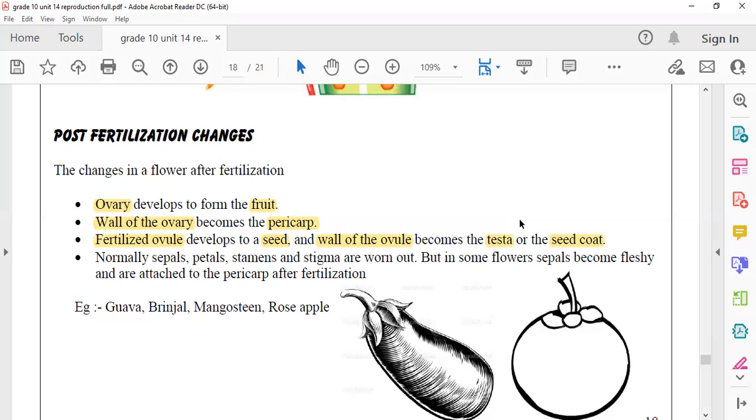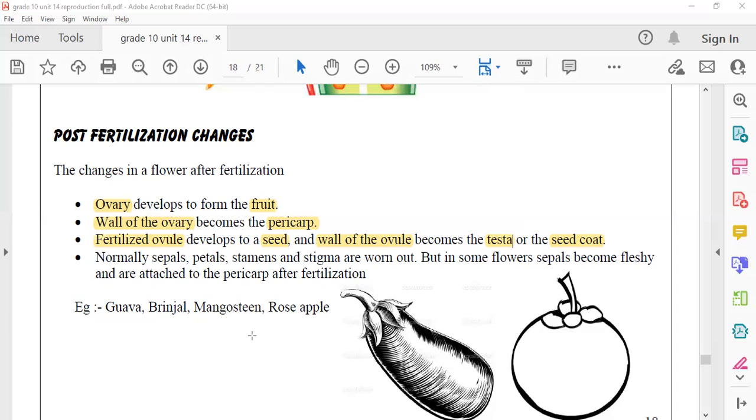Other than this, sepals, petals, stamens, stigma, all are removed from the flower. But in some fruits, you can see the sepals are remaining. All of you have seen brinjal.